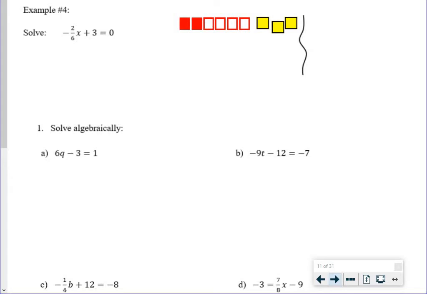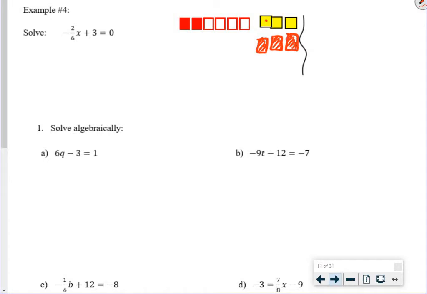So I'd like to get rid of these 3 squares from the left. In order to do that, I can add 0 pairs. 1 yellow and 1 red makes 0. I can do that and that.